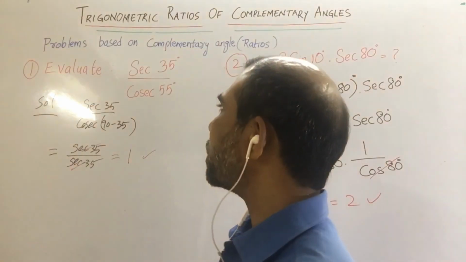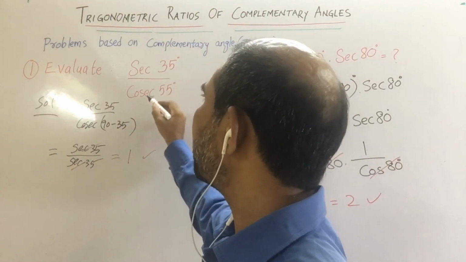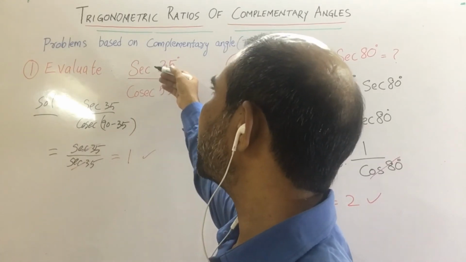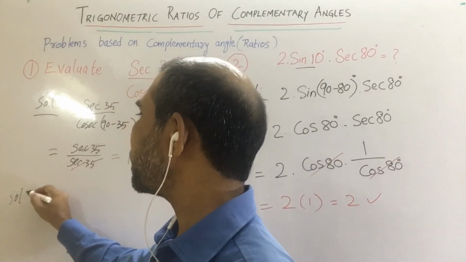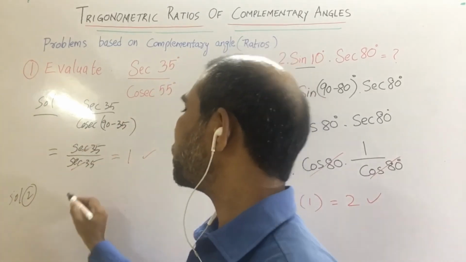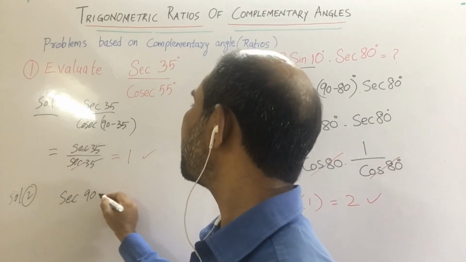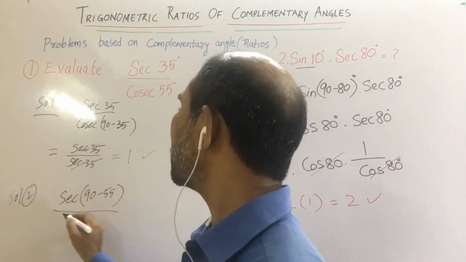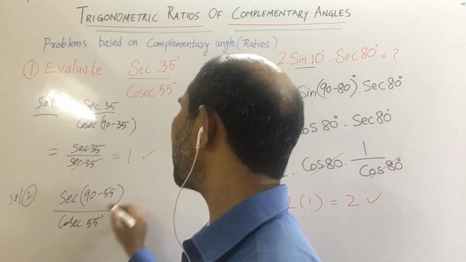Here you can solve the same problem in different ways. Here I have converted the denominator ratio, but if you want to convert the numerator, you can use that solution also. You can write the second solution: sec 35, you can write sec of 90 minus 55. 90 minus 55 is 35, so over cosec 55 degrees.